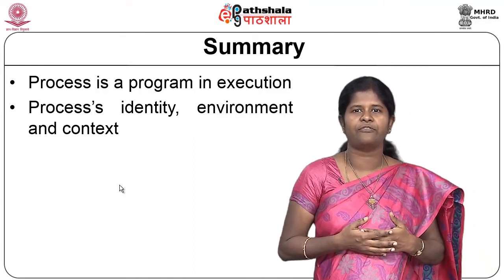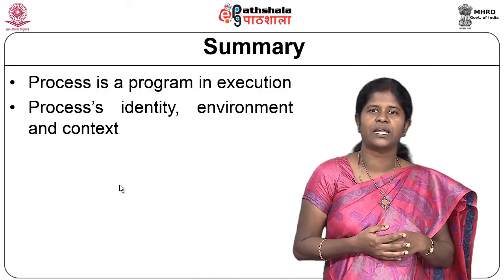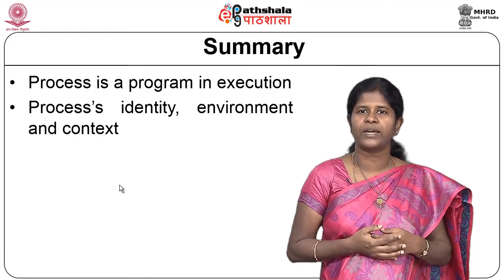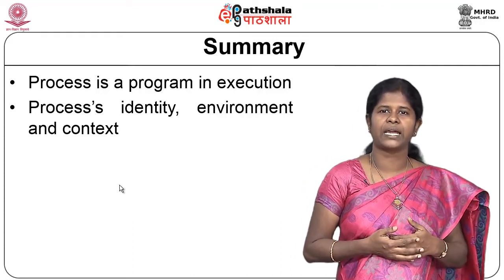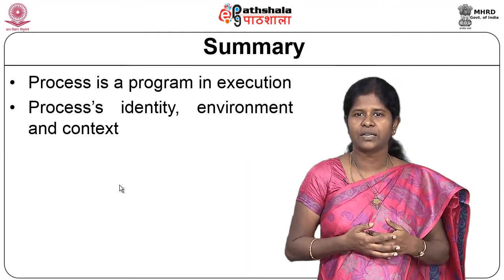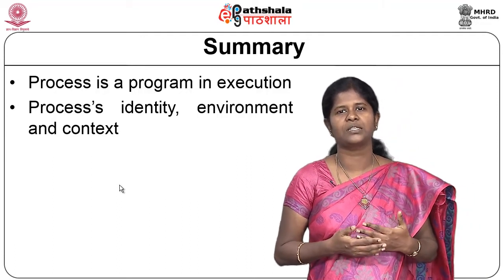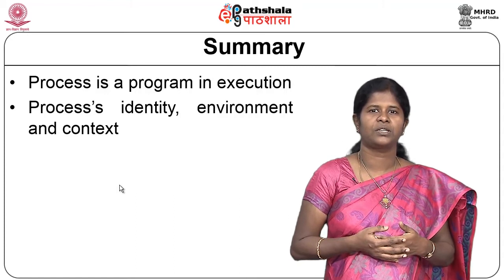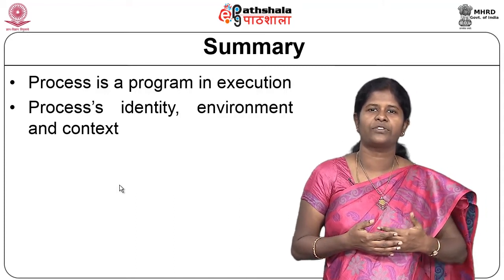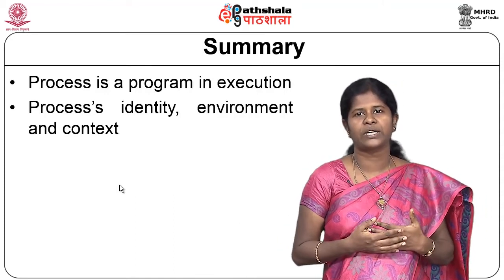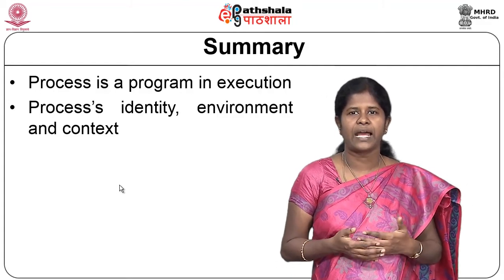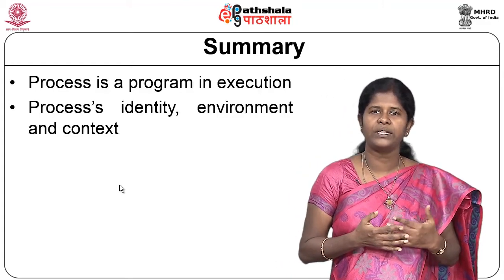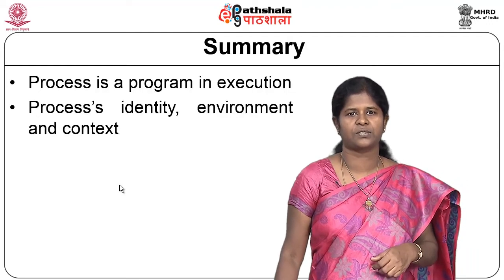We saw two different vectors. One is the environment variables that have been given to the process, and the second is the arguments that are given to the process. And then we learnt about the context of a process. The context of a process comprises the file table, the file system context, the virtual memory context, the signal handler table, and so on, all kept in different data structures.